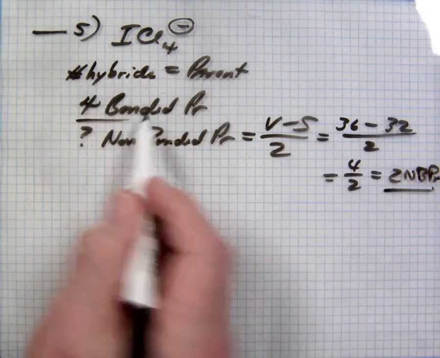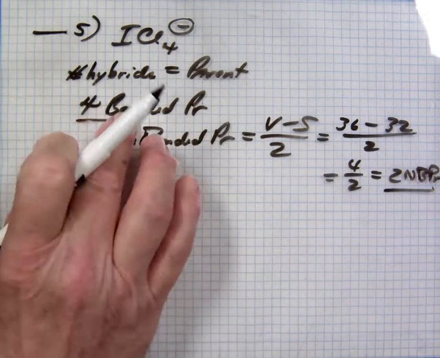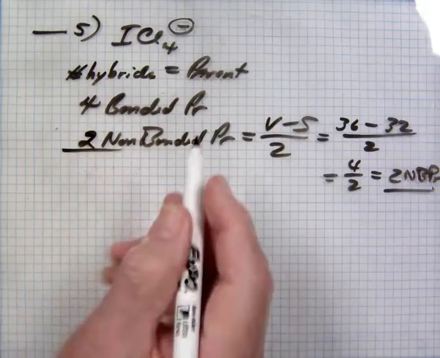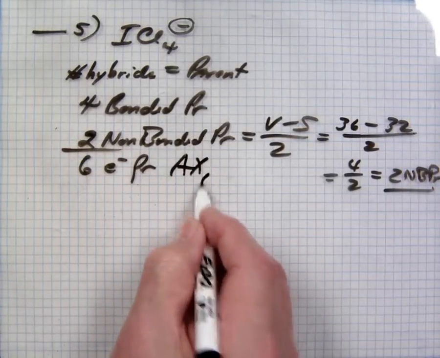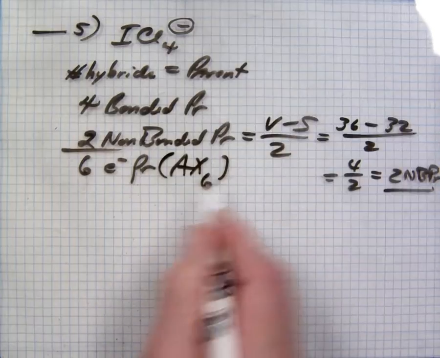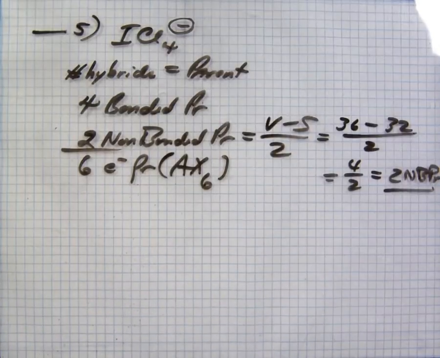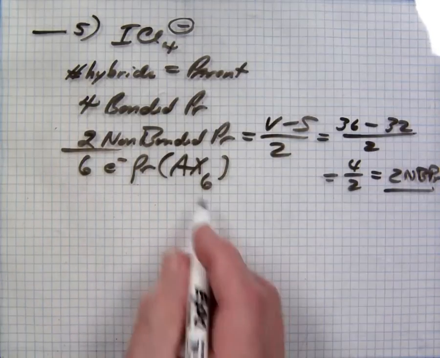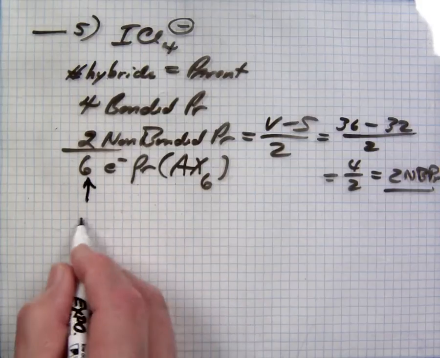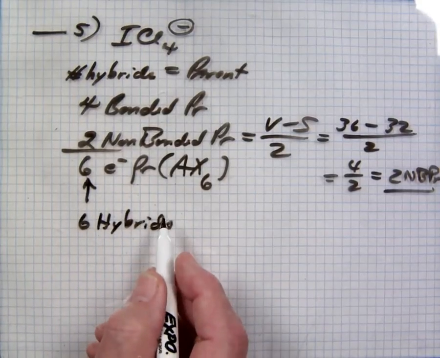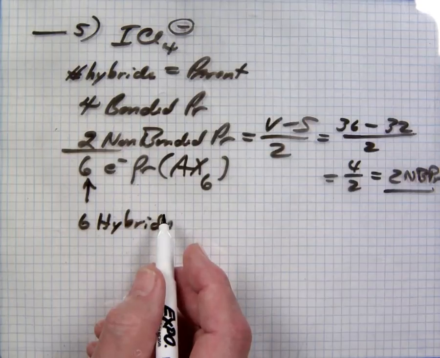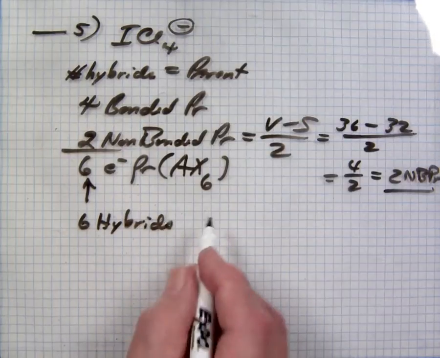So we have 4 bonded pairs and 2 non-bonded pairs, or 6 electron pairs, which gives you an AX6 parent in this structure. How many hybrid orbitals are associated? So we have 6 hybrids. And the outcome of this would be square planar. All right.